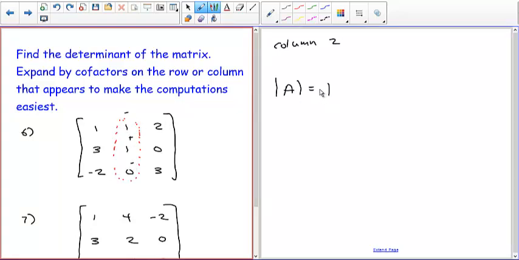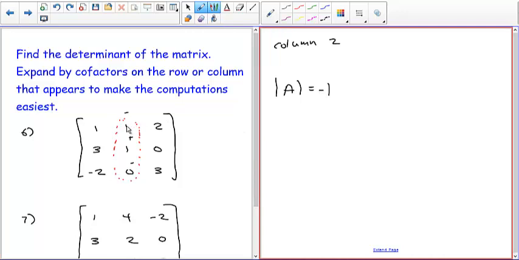So we're going to put a negative sign. So it's negative of 1, times, then you do this cofactor thing. So you cross out the first row and the second column. And what you're left with is 3, 3, 0, negative 2, 3. Okay, so that's the first thing.